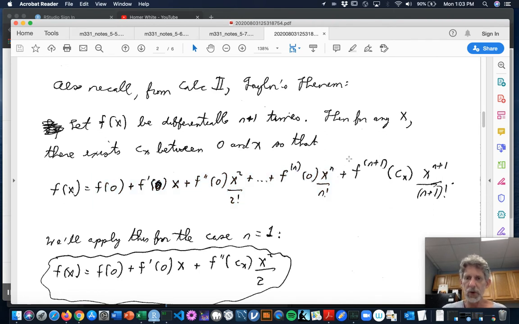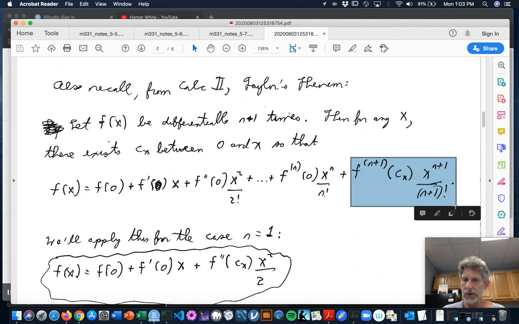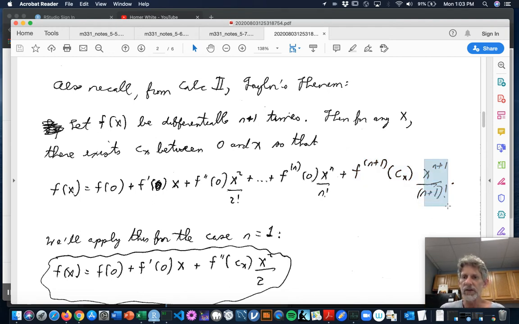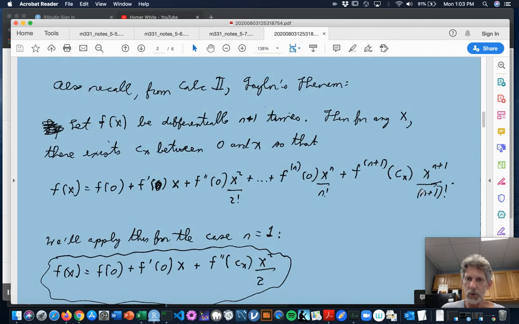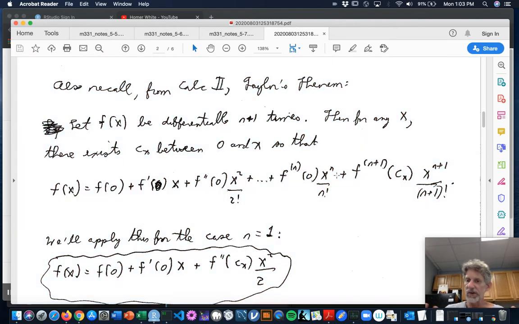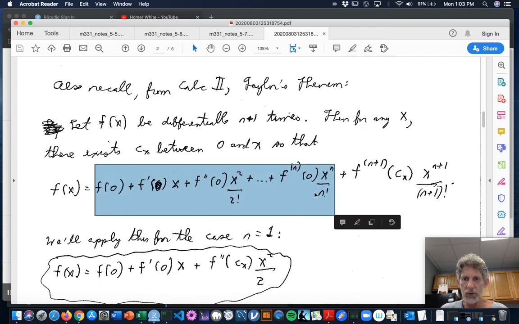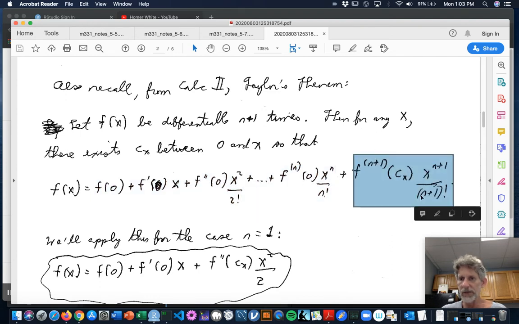That's the polynomial part, plus what they call the remainder. And that's the n plus first derivative of f at this mystery number c sub x that's in between the 0 and the x, times x to the n plus 1 over n plus 1 factorial. So Taylor's theorem was this thing that said that basically any differentiable function is a glorified polynomial. It's exactly a polynomial plus a little bit left over.